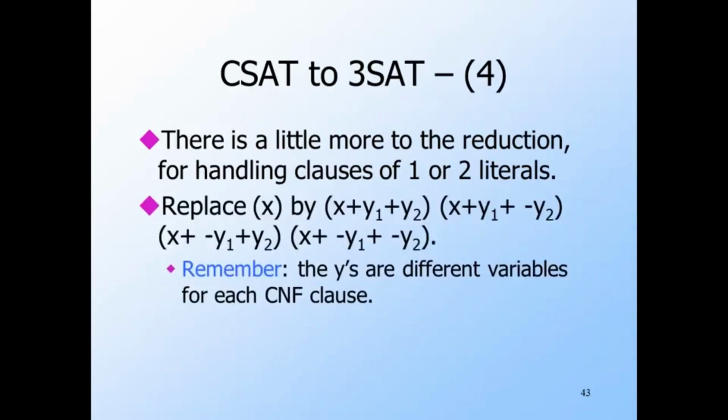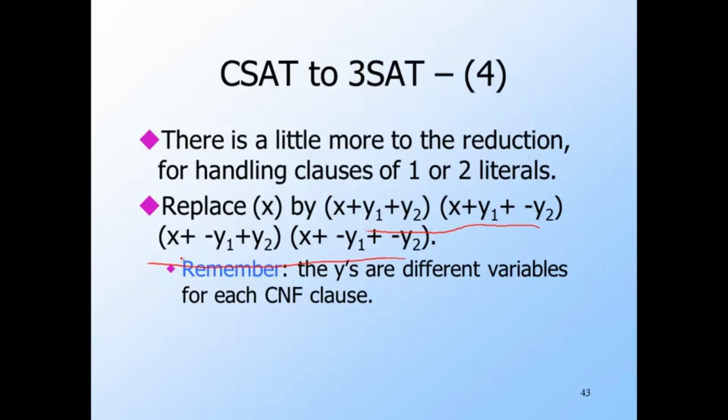For a clause with only one literal x, we introduce 2 new variables, y1 and y2, and replace one clause by the 4 clauses shown. Notice that the y's appear in all 4 combinations, so if x is false, one of these 4 clauses will be false, no matter what truth values we assign to the 2 y's.